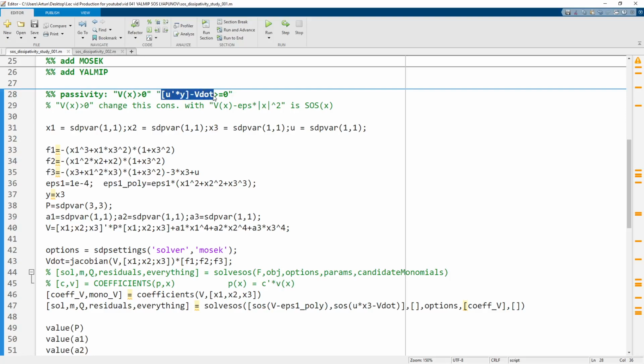So we have some function being positive. How would you express this using SOS tools? You would write something like this, where x3 is y: u times y minus V dot, and this term is SOS. This is the rationale that we employed.